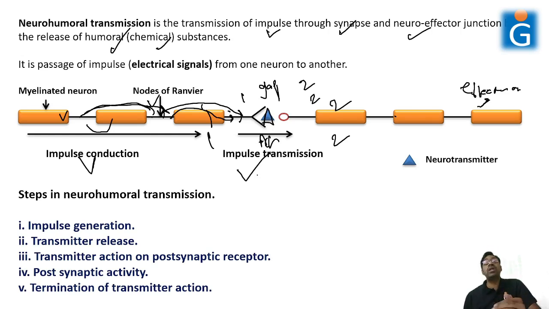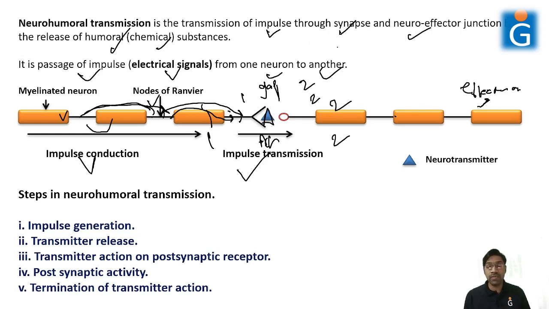We are going to see the steps involved in neurohumoral transmission. First of all, I am going to tell you what is impulse generation. Before that, we will see the actual mode of transmission of nerve impulses. It is a passage of the impulse. Impulse means any signal. It may be in the form of electrical signals going from one neuron to another.